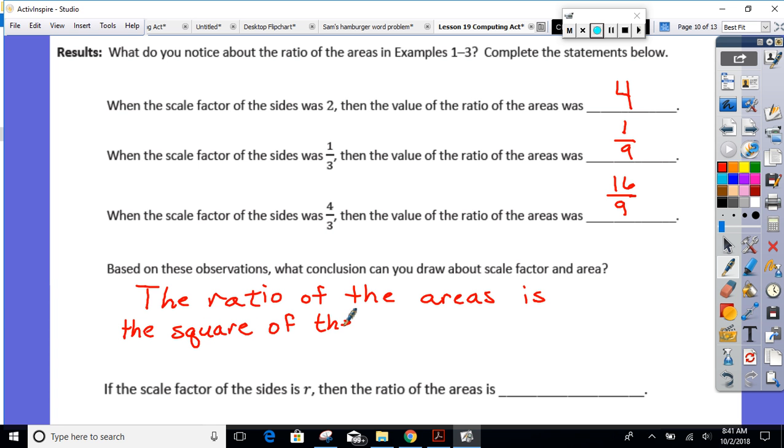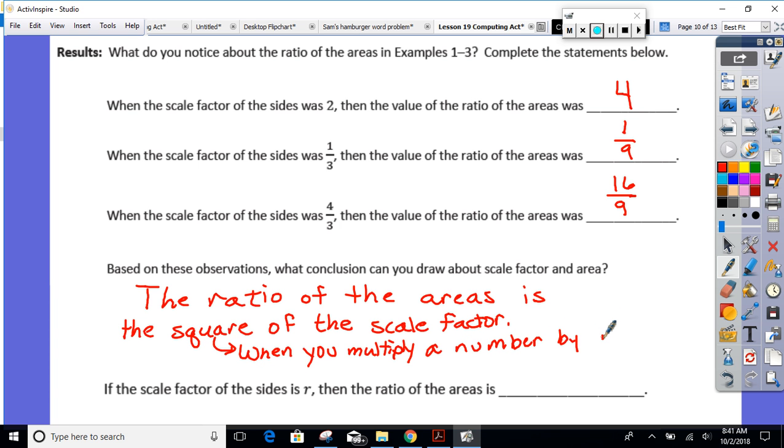And if you don't know what the square means, then you should explain that this means when you multiply a number by itself. The reason they call that squaring is when you find the area of a square. A square has sides that are all the same length, so you're multiplying the number by itself when you find the area of a square. So we call that squaring when we multiply a number by itself.